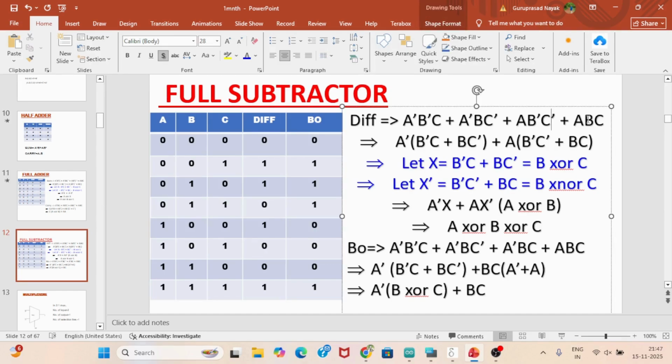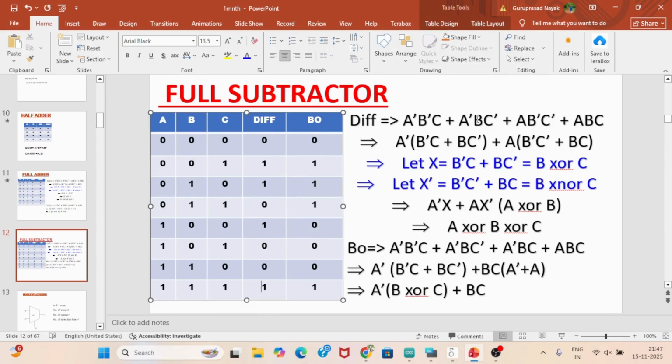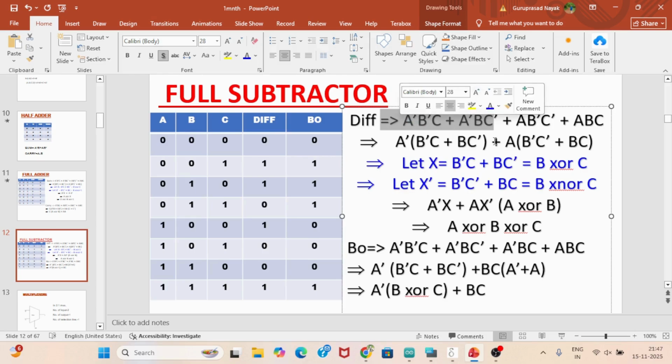After that I convert these two into one part and reduce it, and the other two are the second part.